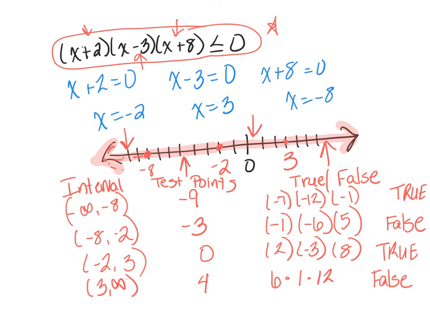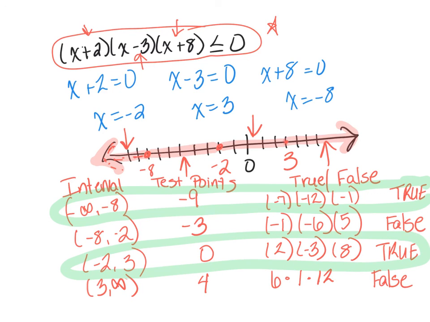Now we go back and look at where we had true statements. We had a true statement here, and we had a true statement here. So these intervals are part of our answer. At this point we've got our intervals, but we have to look at this: do you see how it says less than or equal to? We have to take that into account.